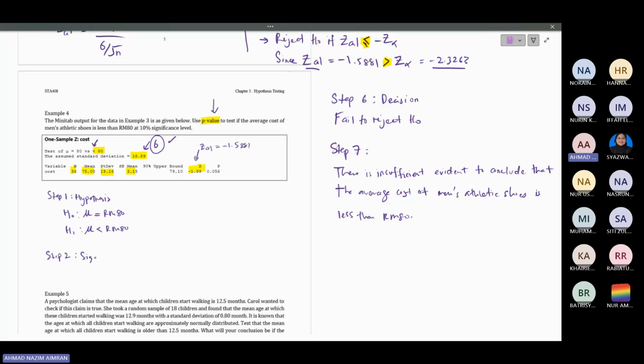And for step two, the significance level. From the output, we know that the significance level alpha is equal to 0.1. Why? Because it used 90% here. So 90% confidence level is equal to 10% significance level. I've explained this in our previous class.